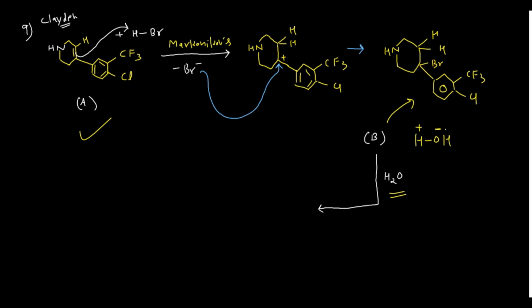So now in the second step, you are hydrolyzing this particular bromide. So this will undergo the hydrolysis, and bromine will be knocked out from here under the influence of this H2O, which is your polar protic solvent, right?